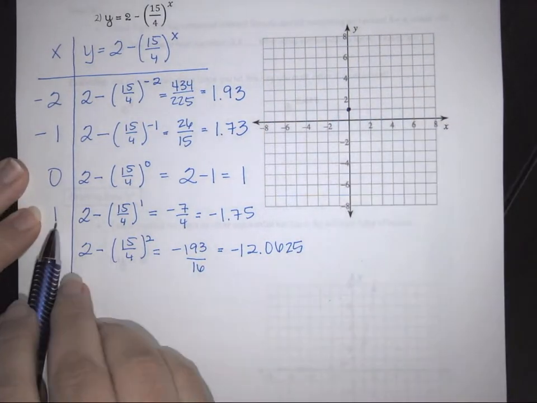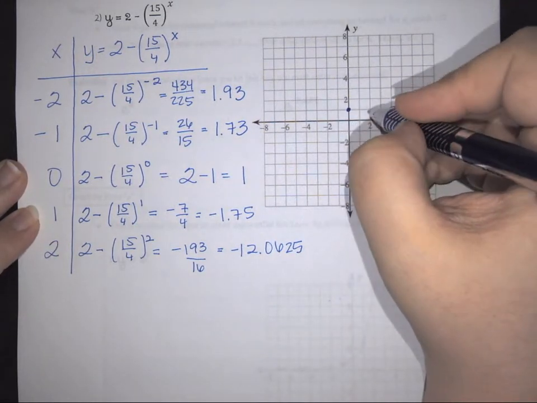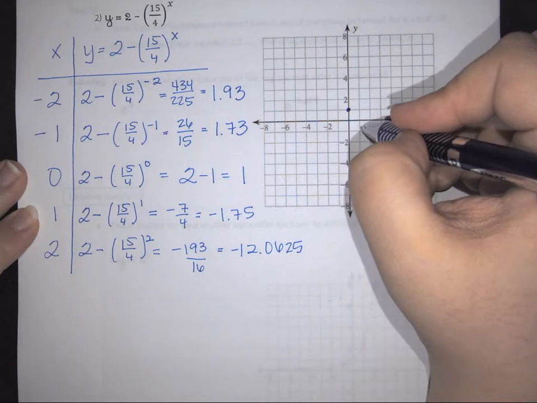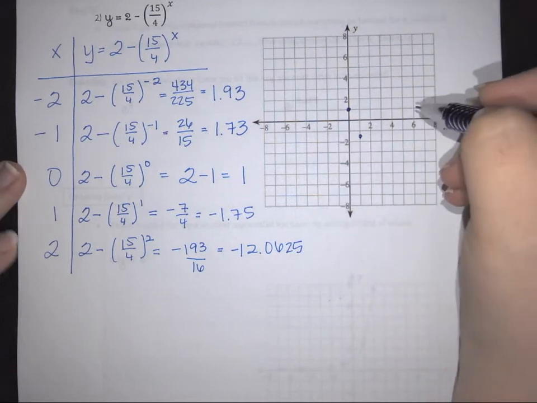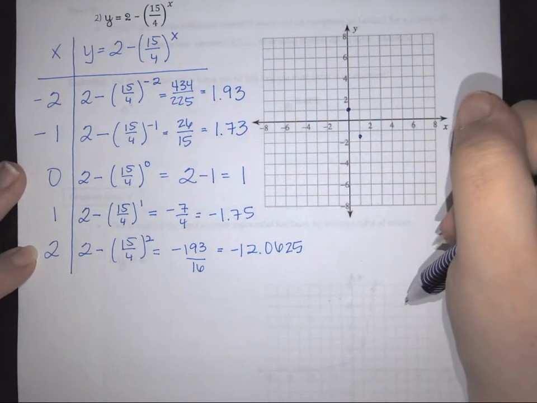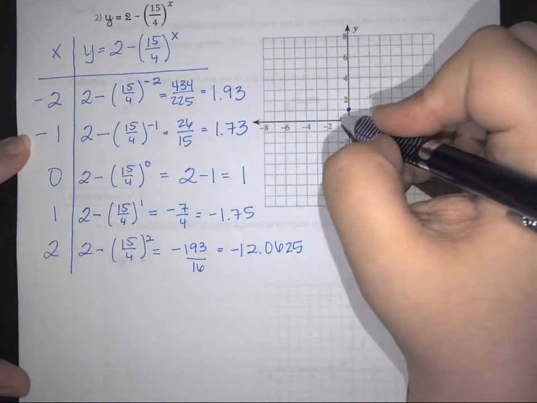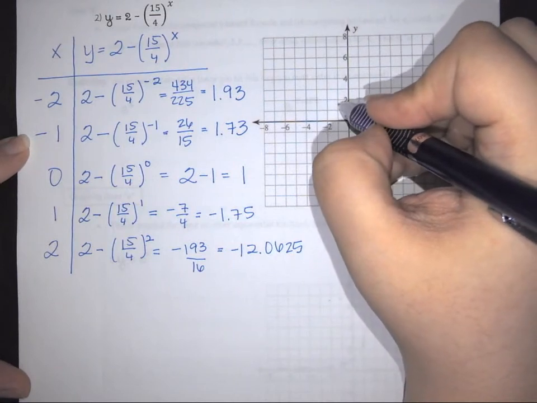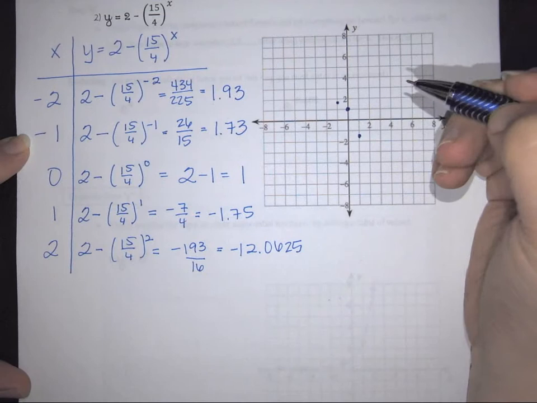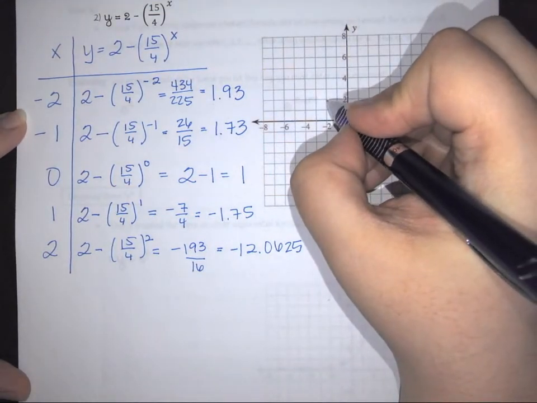So here I would graph the point 1, so over 1, but I'm going to go down 1.75. So down 1 and then almost to 2. And then the second point here is going to be off my page, so I'm not going to worry about it. At negative 1, I go over 1 and I go up 1.73, so kind of close to positive 2. And then at negative 2, I'm up at 1.93.